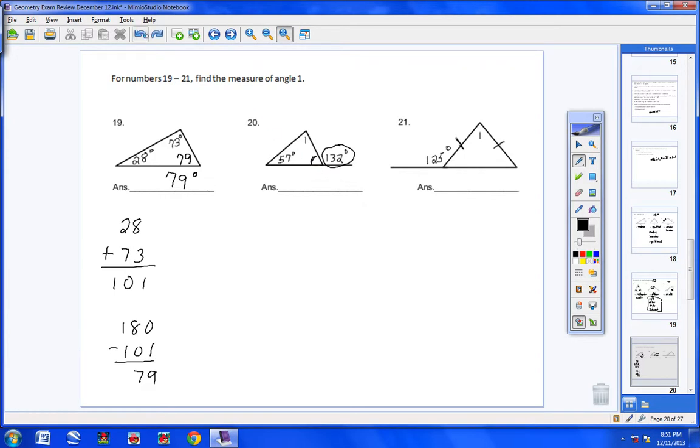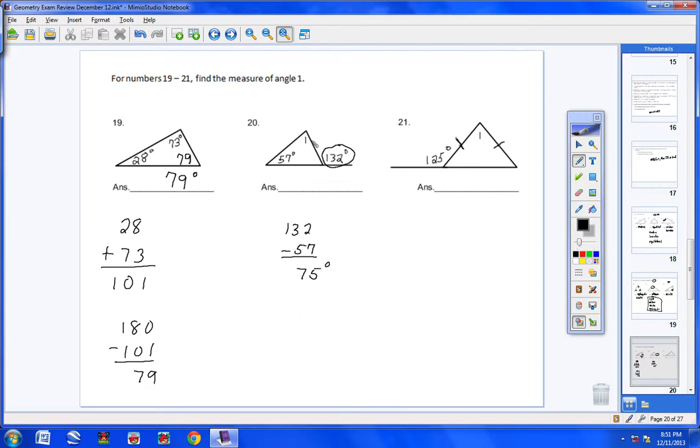What we're saying is an exterior angle, 132 degrees, this exterior angle right here, is equal to the sum of these two angles right here. So in other words, when I take 57 plus this angle here, I should get 132. So I'm going to take 132 and I'm going to subtract 57 degrees. And I'm going to get 75 degrees.